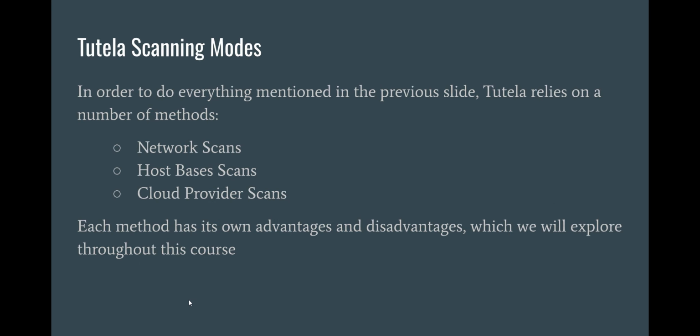Right. In order to do everything we just mentioned, Tutela does not rely on a single method, right? So unlike some others out there, we don't just tell you install this agent and you're done. We have three approaches. Each one has its own advantages and disadvantages, which we are going to explore.